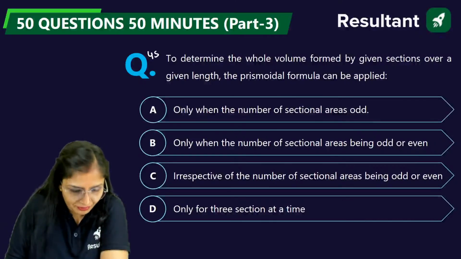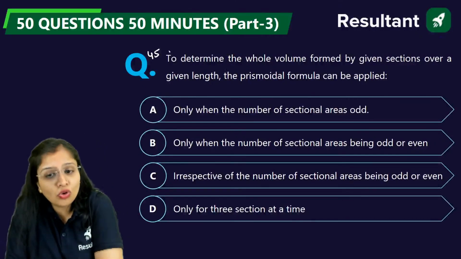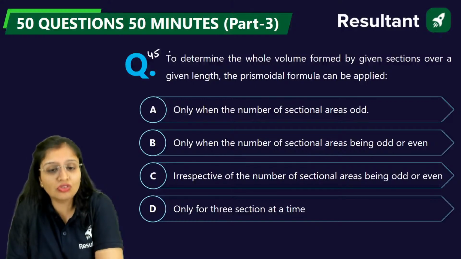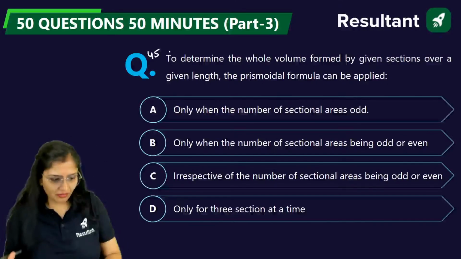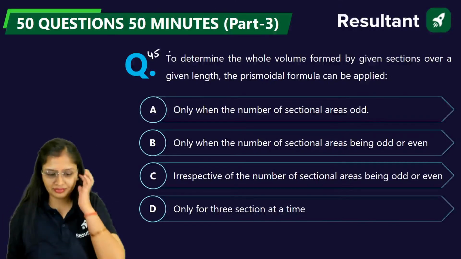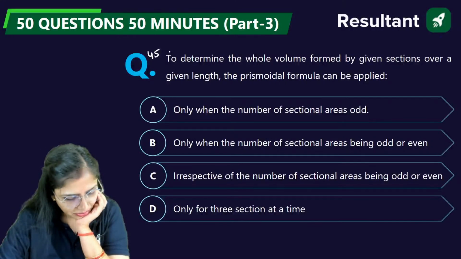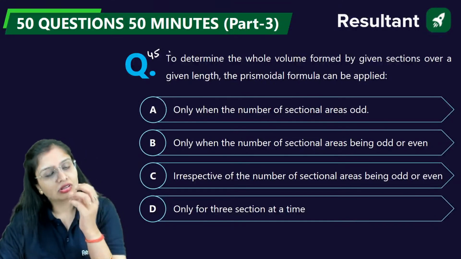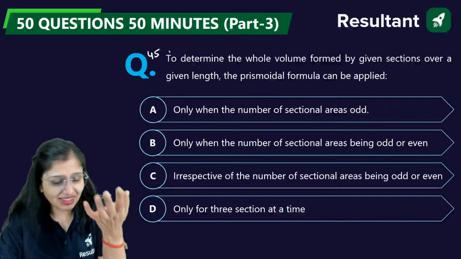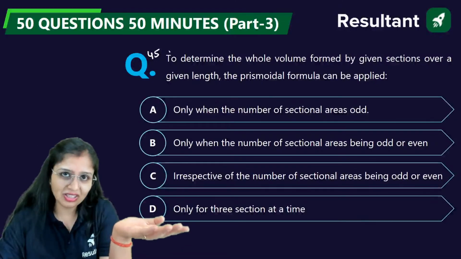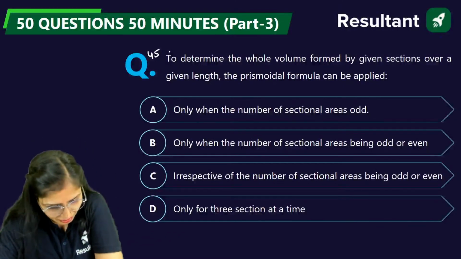Question number 45. Determine the whole volume formed by given sections over a given length. The prismoidal formula can be applied. When do you apply the prismoidal formula? Just tell me that. You must know this. Half first by last plus others, or h by 3, first plus last, 4 times the odd, 2 times the even.